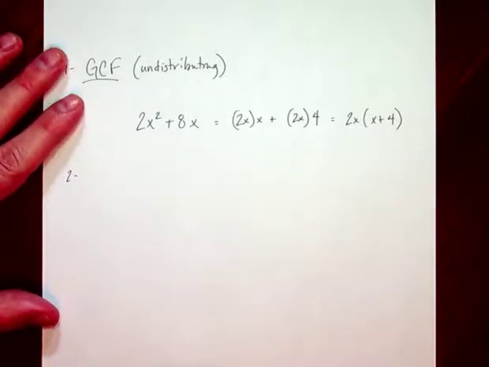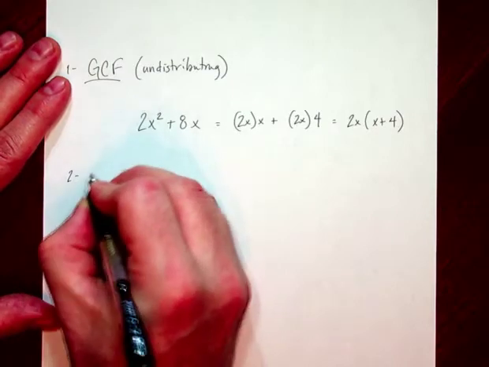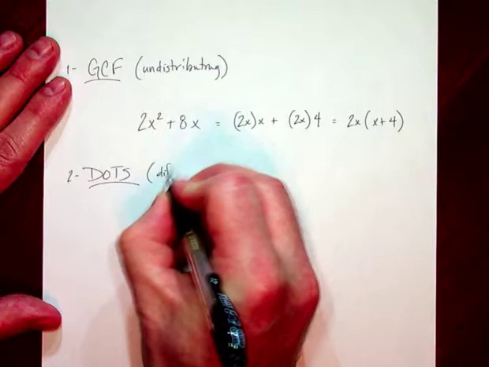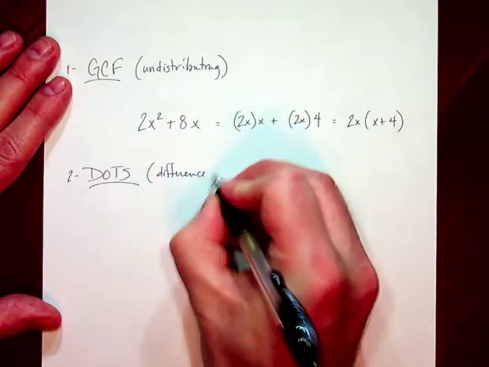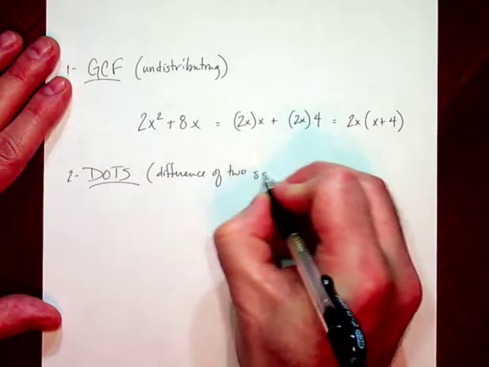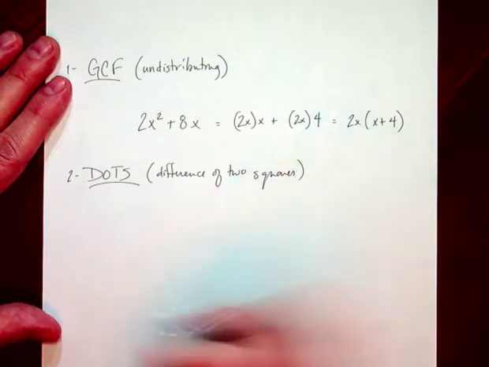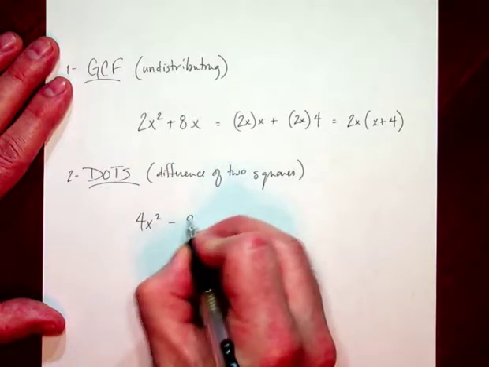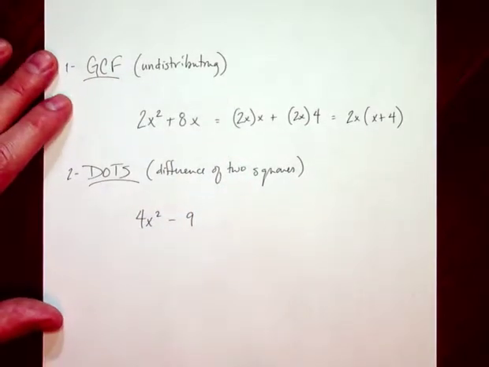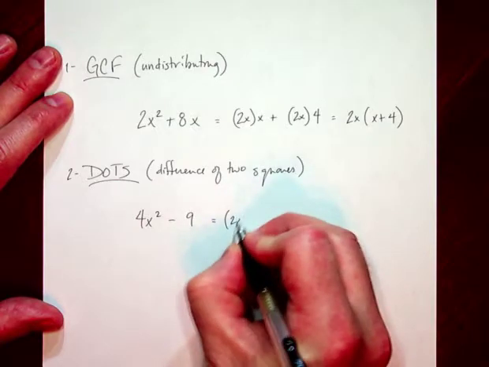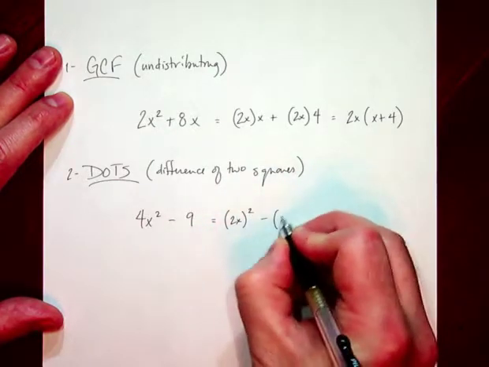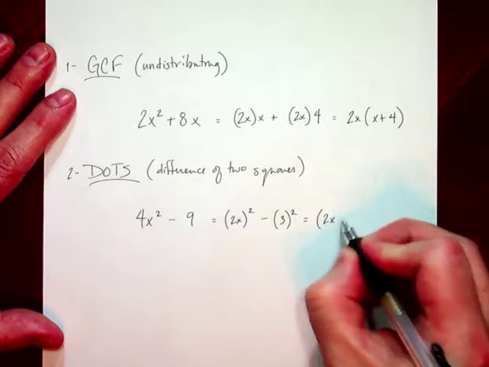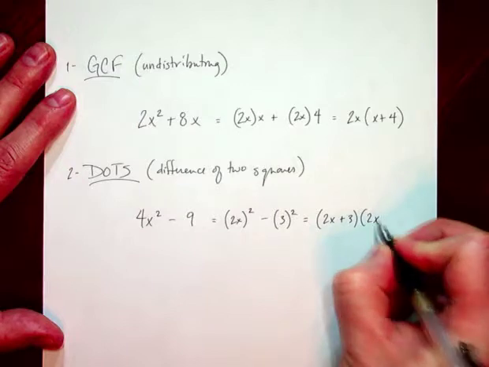And so let's do DOTS first, which of course you remember as the difference of two squares. If you were given something like 4x squared minus 9, both of those terms are perfect squares. That is (2x) squared minus 3 squared, and that factors into (2x + 3)(2x - 3).